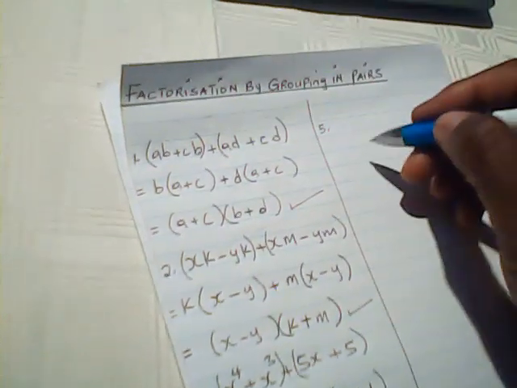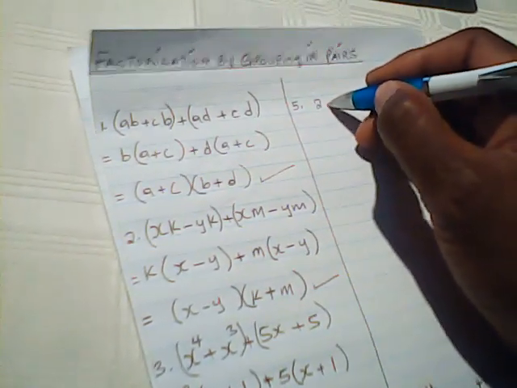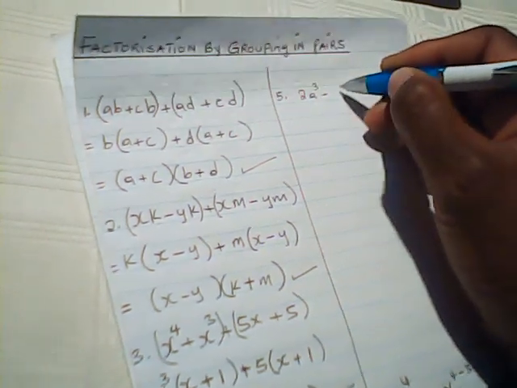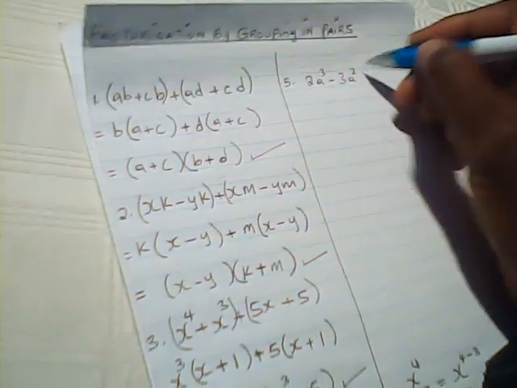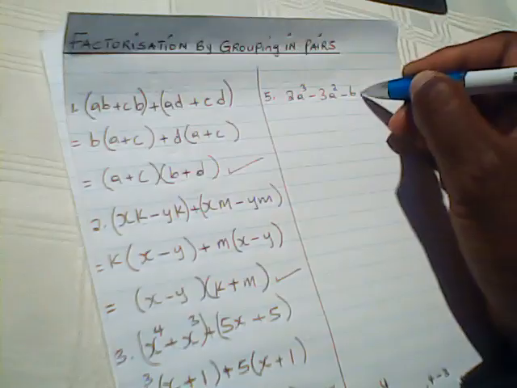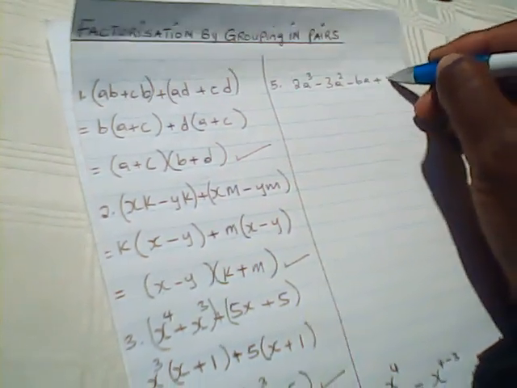Our last example is 2a raised to 3 minus 3a squared minus 6a plus 9.